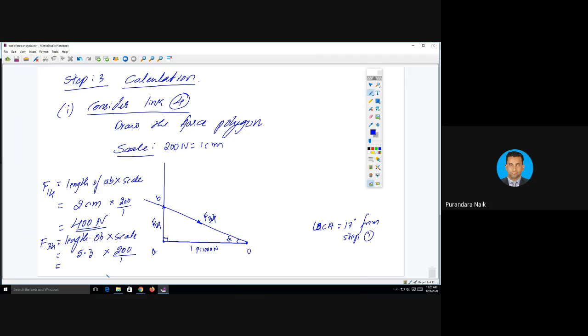It should be always greater than 5, because if you have the same answer, then it will be 1000 Newton only, right? The answer is 1060 Newton.